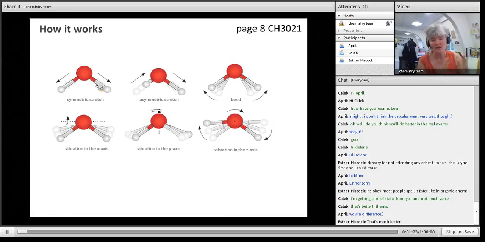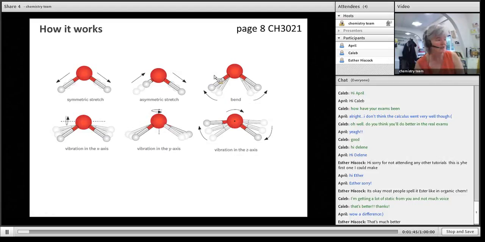So you get what we call IR stretches, where they stretch symmetrically, so both hydrogens move away equally and come back, or it could be asymmetric, so the way the energy is being transferred, one bond gets longer and the other one gets shorter, or the bond's angle can get smaller and bigger.